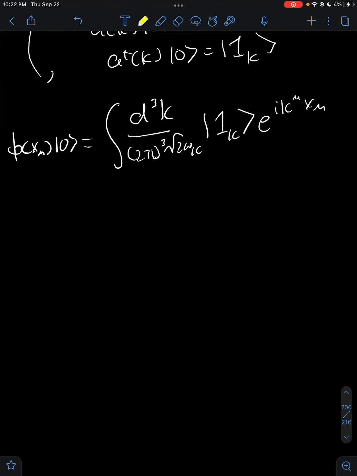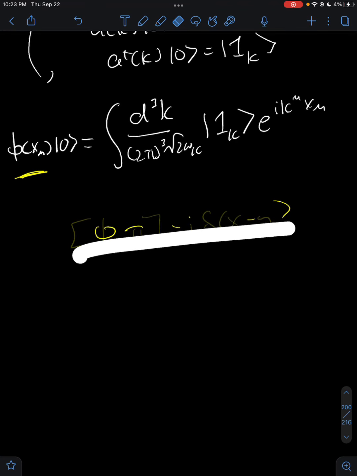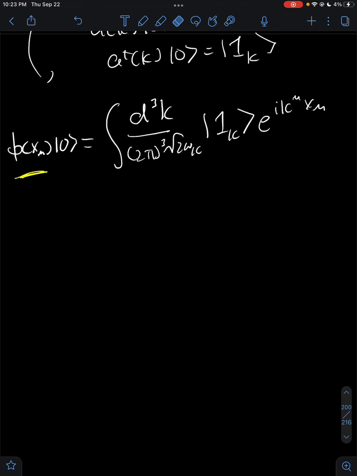So second quantization tells us that our field is an operator. Because remember that at the start we were saying that if we set a commutator of phi and pi, phi and pi will become operators, right? Well, that's exactly what happened. Our field acts on the vacuum state, and it's going to give us a new state.